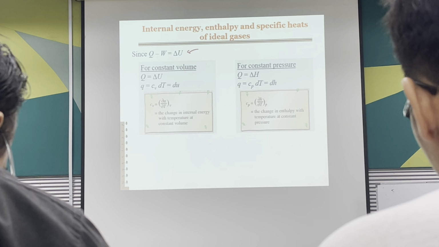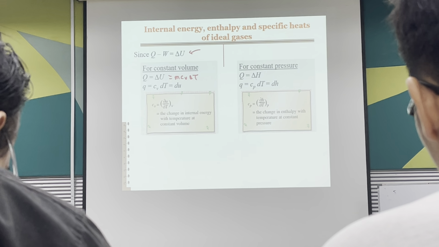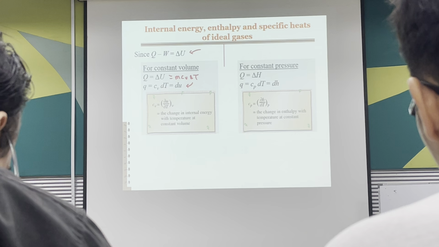This Q will also equal Cv delta T. If it is the capital letter, then it is m Cv delta T, but if it is the small letter, we can take out the m.